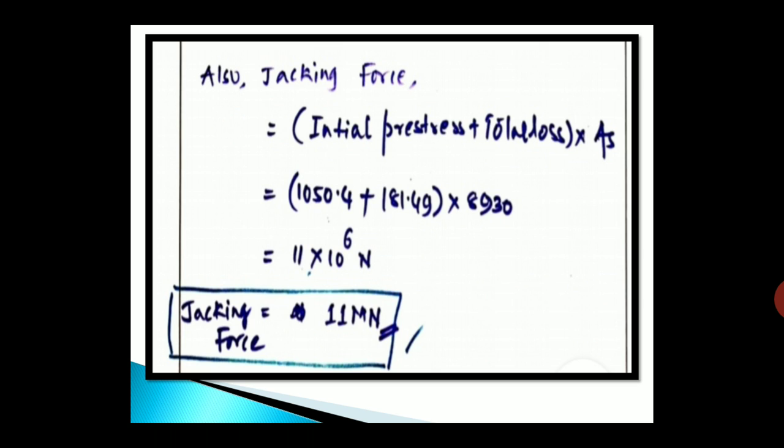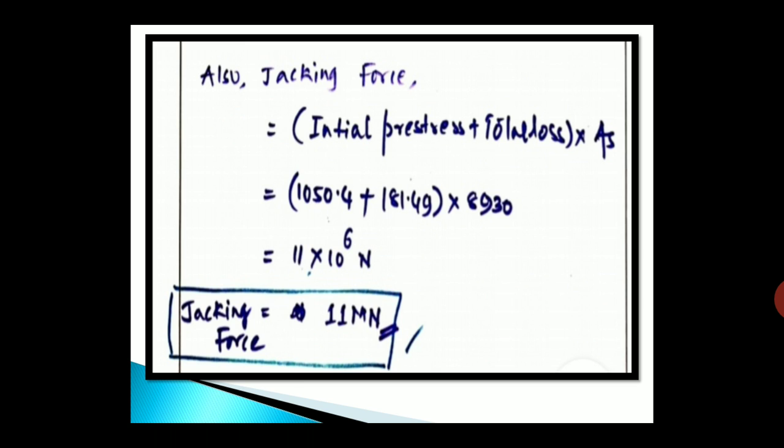Now, last part, which is again a new thing, jacking force, that is the total force which needs to be applied. So the total force which needs to be applied will be the initial prestressing force plus the losses, because if we need to have the initial stressing force, the losses have to be taken into consideration while applying the initial force itself.